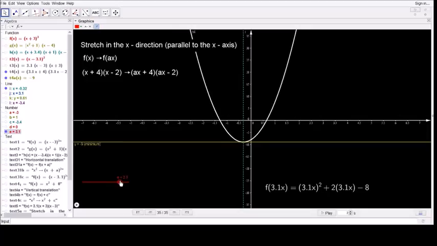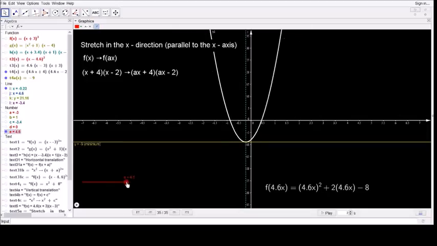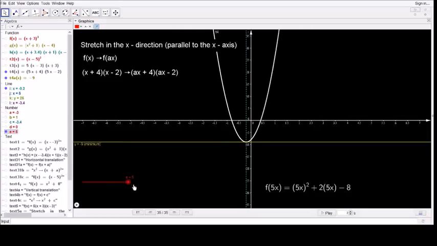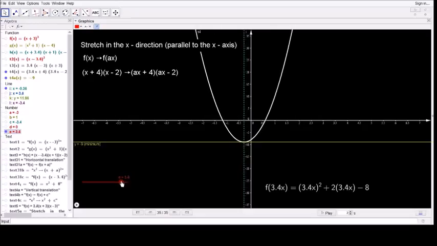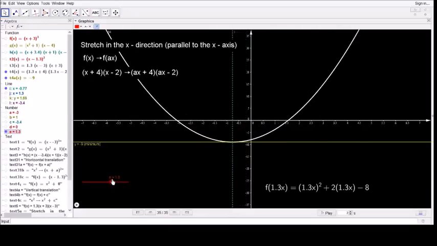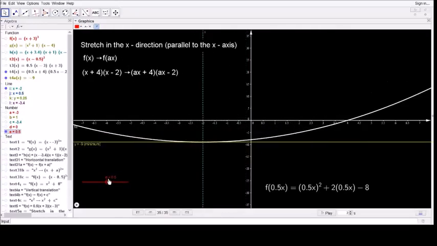As a becomes more positive, the largest value we can give a in this example is 5. We can see the vertex is now just to the left of the y-axis. As we reduce the value of a, let's take it down closer to 0, we can see that the vertex is moving further away to the left of the y-axis.